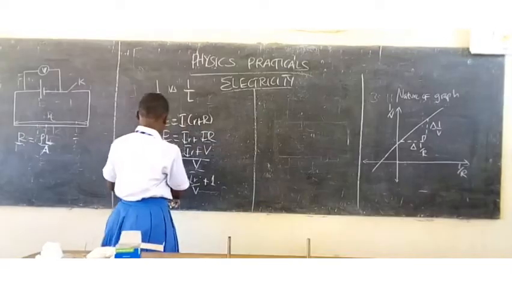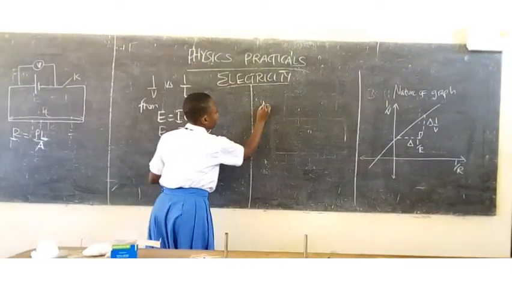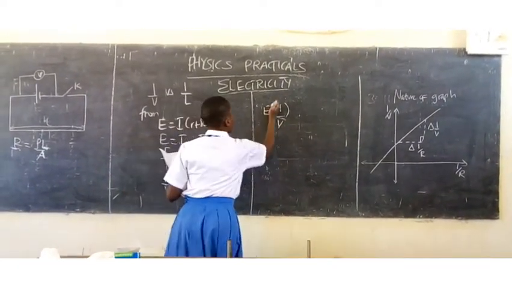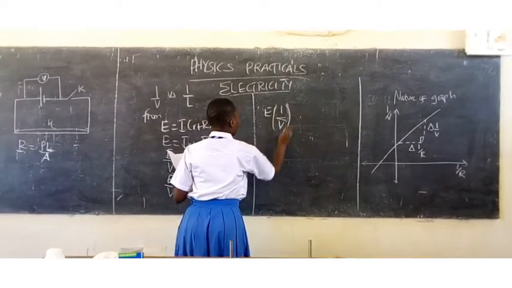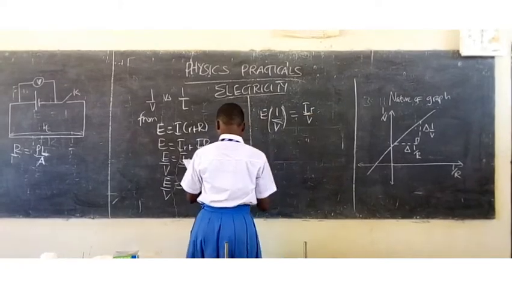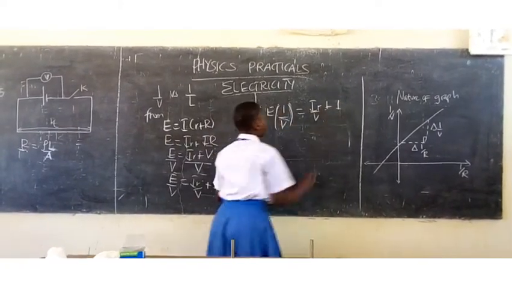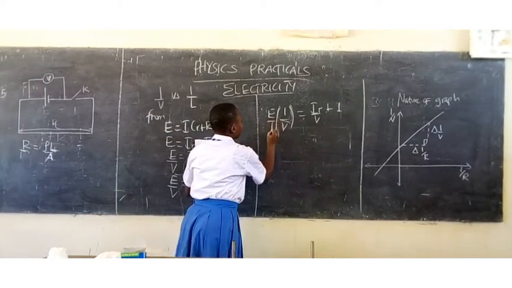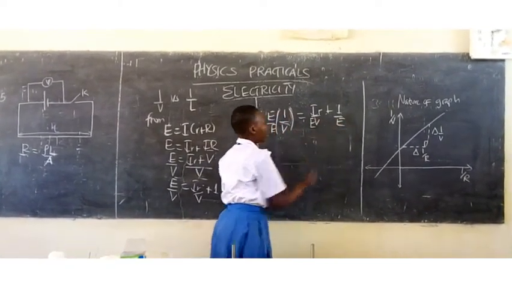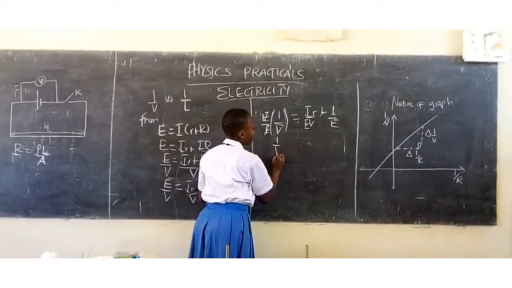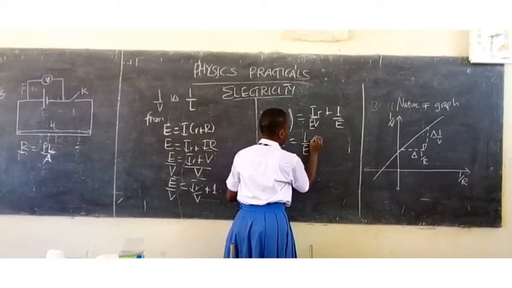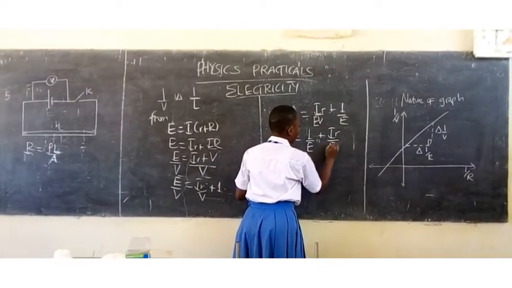Then from here, I factor out E, so E over V equals r over R plus 1. I divide by E on both sides. Therefore, I have 1 over V equals 1 over E plus I r over E V.